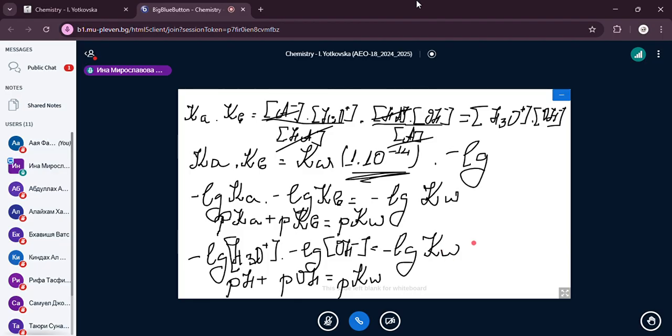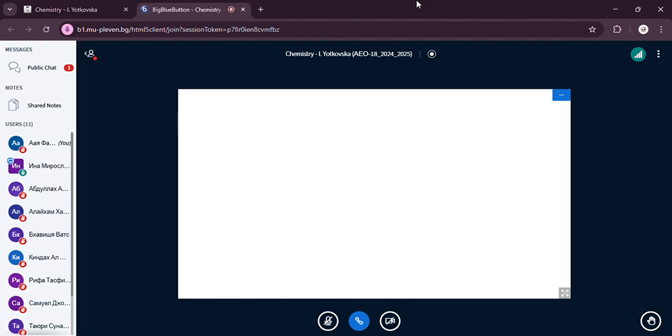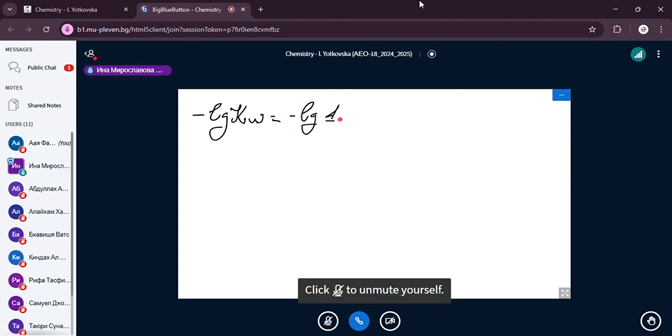And what we said about pKw, Kw has value 1 multiplied to 10 raised on the power of minus 14. And when we calculate this, we obtain that pKw is equal to 14.